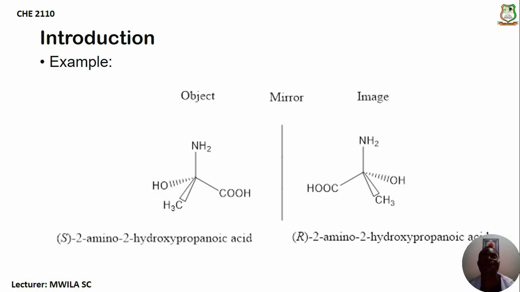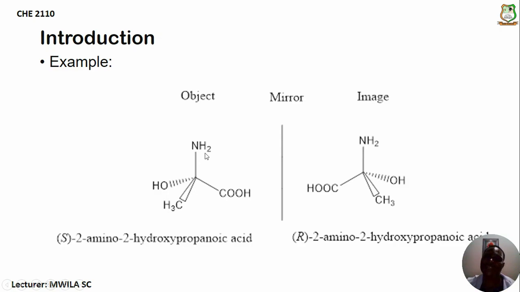Okay, let's look at this example that we are given. These two molecules that we are seeing here are projected in 3D. When we look at this first molecule, we have the hydroxyl with a dashed wedge. Then we have the methyl group with a solid wedge.